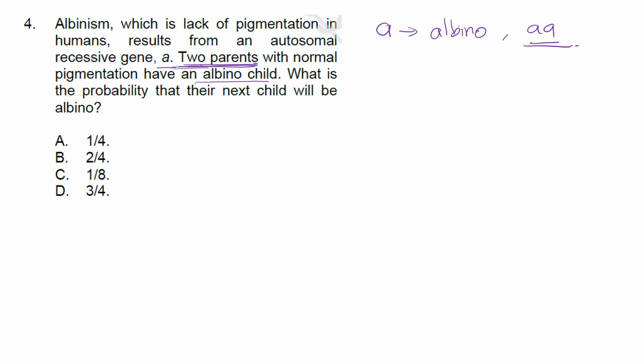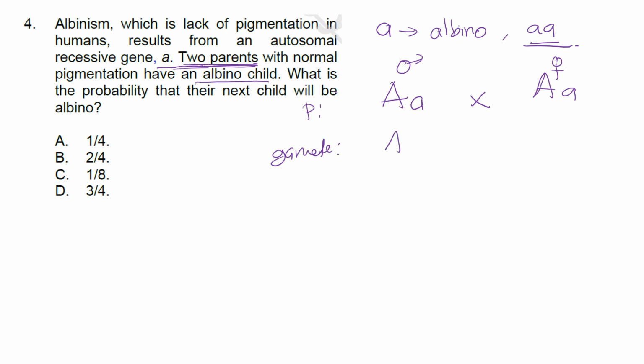So for example, these two individuals are both heterozygous. This is the father and this is the mother, the parental generation, and then the gametes.